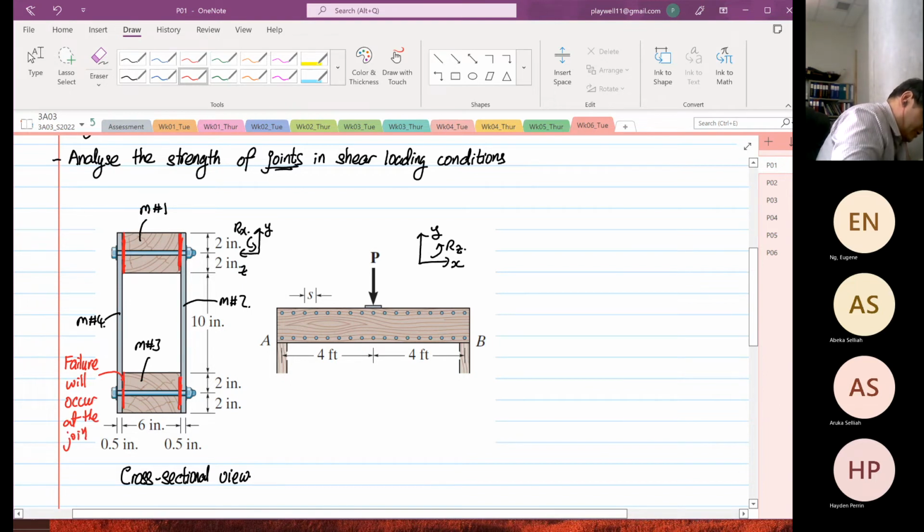It's like humans, right? Where we tend to fail is also our joints, our elbows, our hips, our knees. So it's the same thing: failure will occur at the joints.